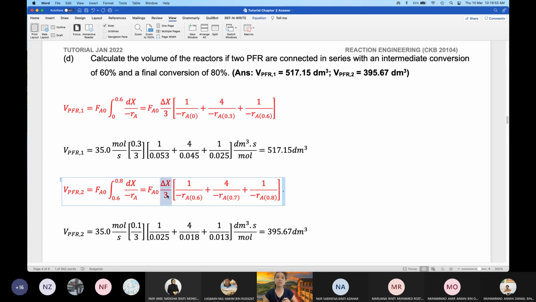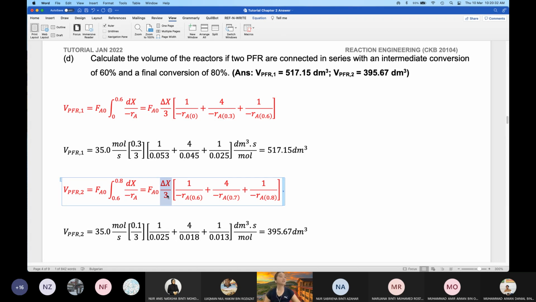Delta X, again, this is the part where students always make mistakes. Now you have to understand: lower limit 0.6, upper limit 0.8. So X1 is 0.6, X2 is 0.8, and the middle X, the midpoint between 0.6 and 0.8, is 0.7. So delta X, the gap or the difference, from 0.6 to 0.7 is 0.1. From the back, 0.7 to 0.8, delta X is also 0.1.